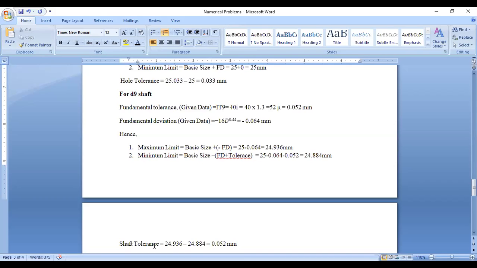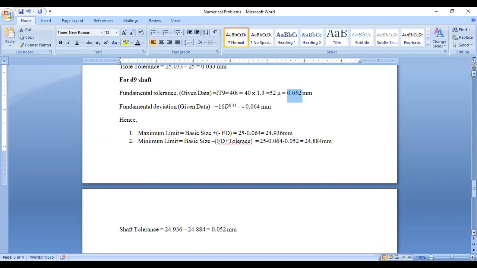Again, if you subtract these two, you should get the fundamental tolerance, 0.052 mm. The same you are getting, which means both the limiting values which you have calculated are correct. This is how you have to calculate the limits of both shaft and hole.